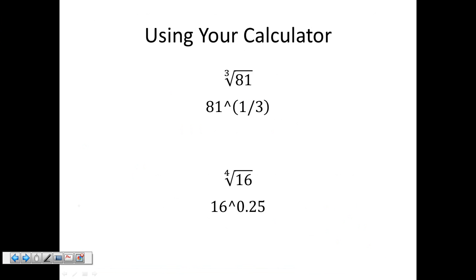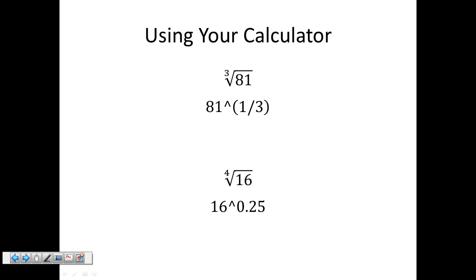All right, now let's talk about doing these fractional powers or doing these roots in your calculator. If I want to take a cubed root in my calculator, my absolute favorite way to do it is to make it a 1/3 power. On my big fancy calculator, I do have a cubed root button, and I even have a generic root button where I can do a 4th root, a 5th root, a 6th root, and so on.